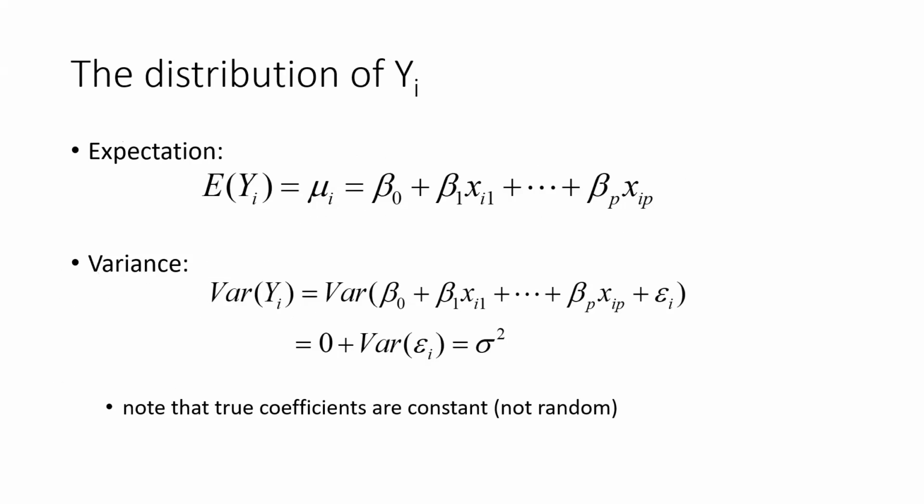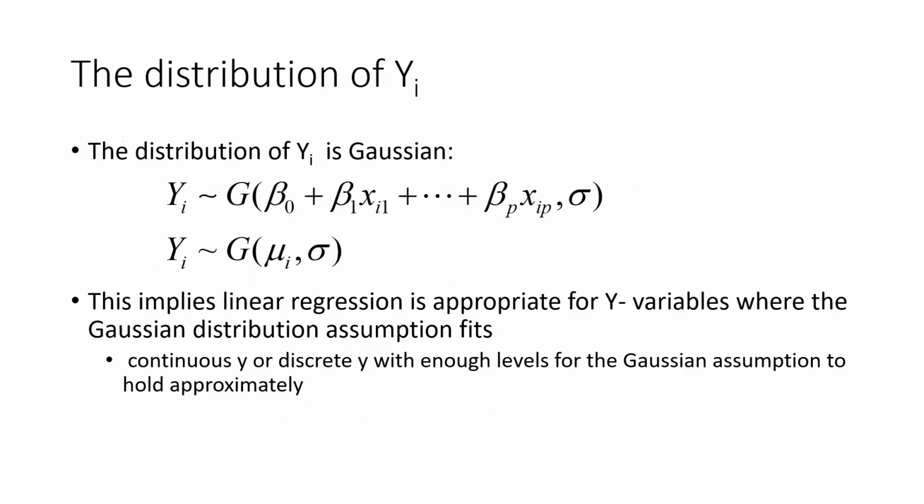Before we had assumed that the variance of the error, the variance of epsilon, is sigma squared, and it turns out it's also the variance of y.